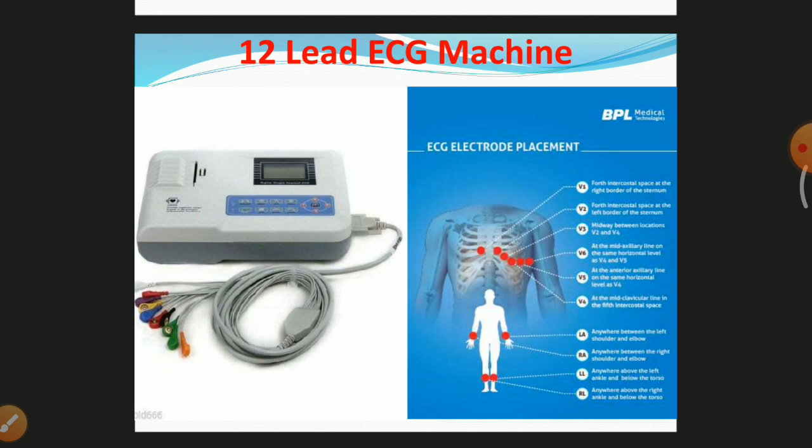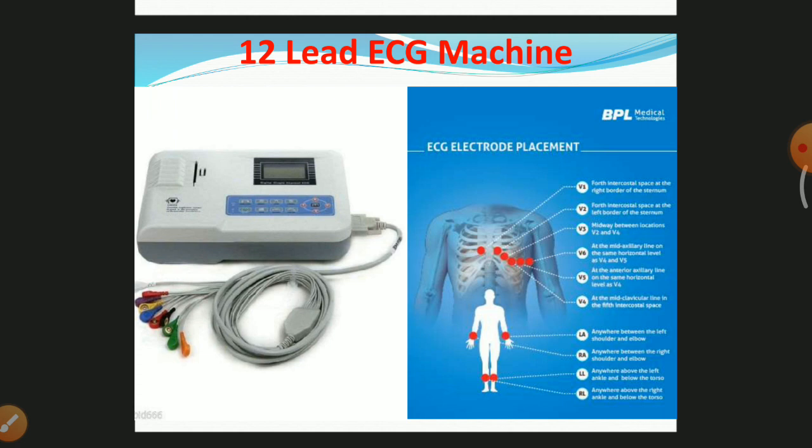The remaining electrodes are LA left arm, RA right arm, LL left leg, RL right leg. So in this way 10 electrodes are attached to our body, and these electrodes record the electrical impulses of the heart.